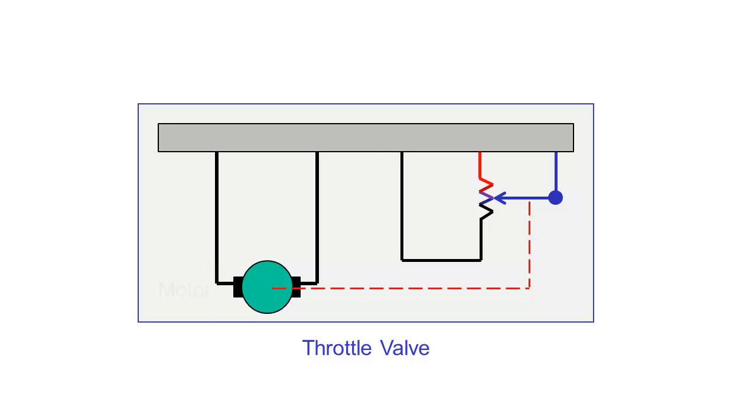Both intake and exhaust throttle valves use an internal motor to drive the valve and a potentiometer to provide a position feedback signal.